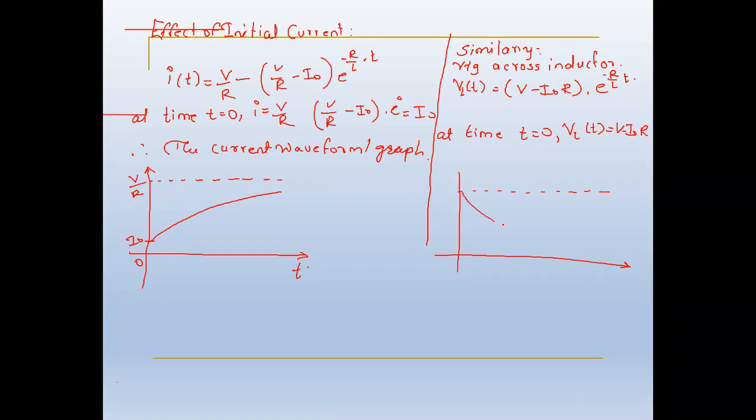Keep in mind, this is the initial condition at t is 0, V minus I0 R, which is nothing but VL of t. This is the condition associated with a driven RL circuit.